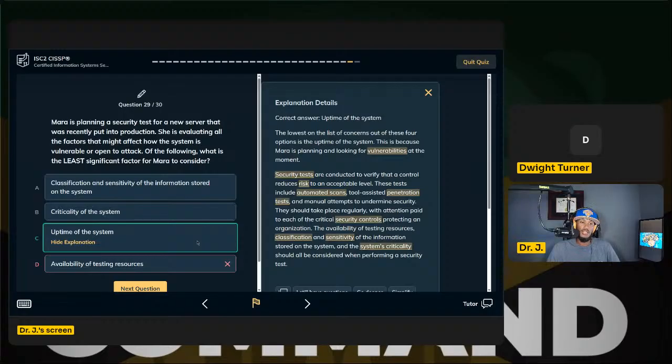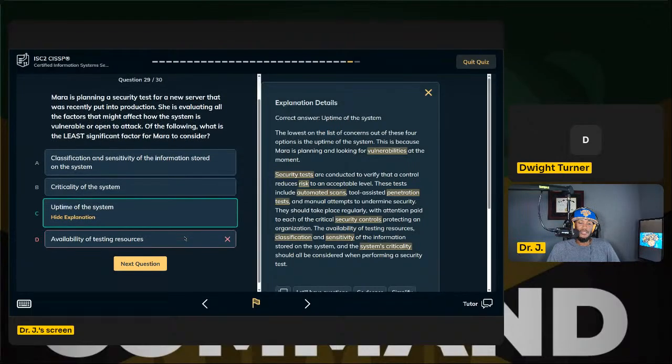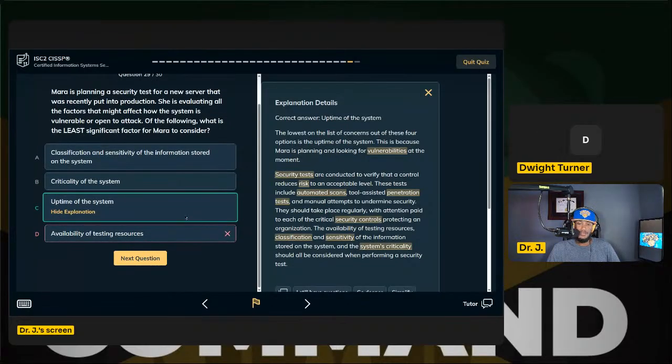I get it. I'm not sure I like this question, because I do think uptime is important. I still think Charlie is important. I might have to come back to that and dig deeper.